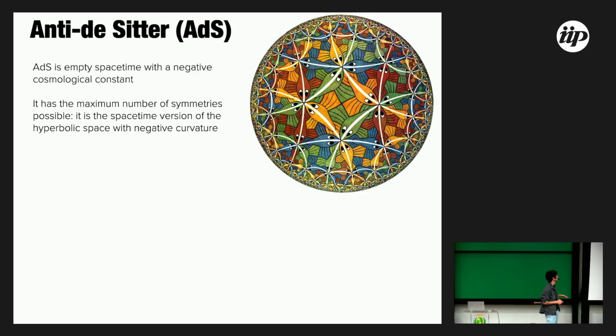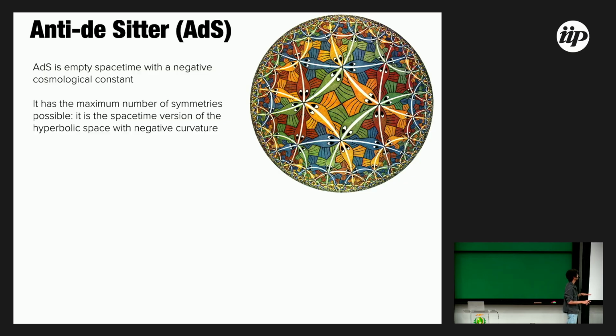ADS-CFT is a correspondence between gravity, classical gravity, in ADS space, and quantum field theories in spaces without gravity. And the correspondence is such that the dimensions are different. So if you have ADS in d dimensions, ADS is a space-time which is empty.